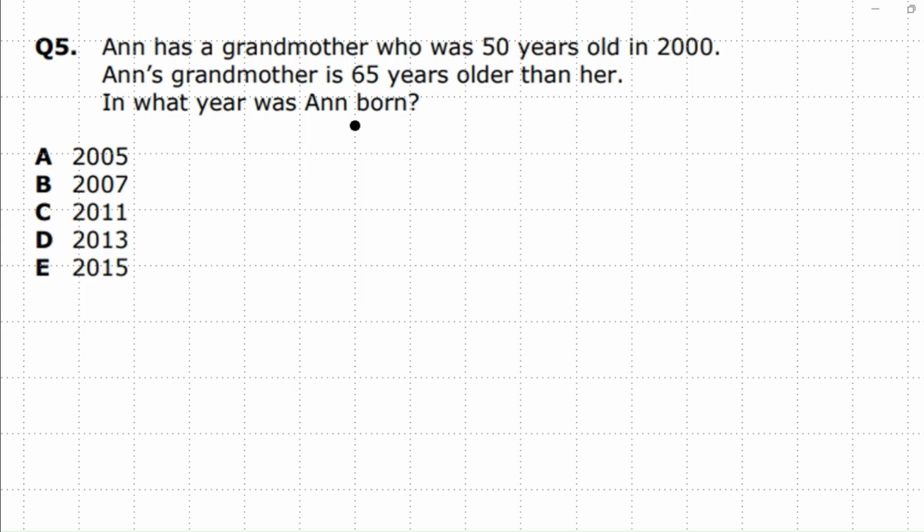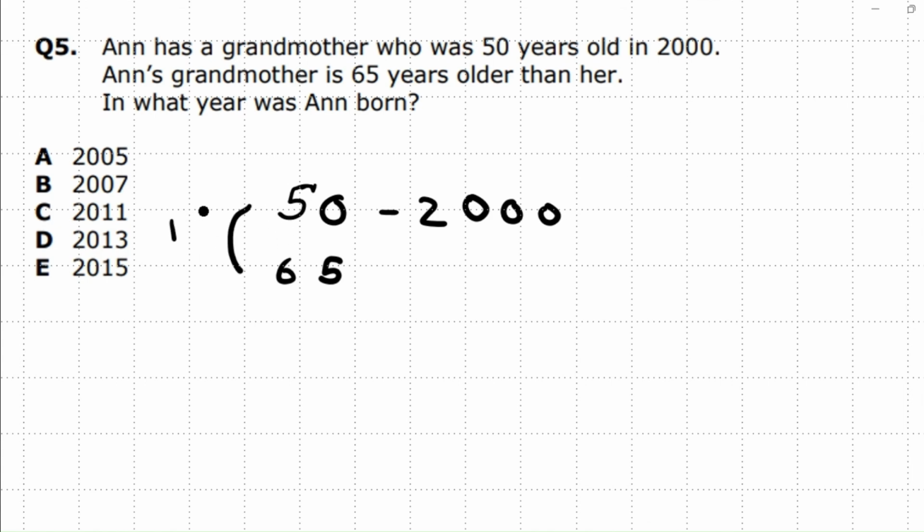And we know that our grandmother was 50 in 2000, and she was 65 when Anne was born. So we know 50 and 65 have a 15-year difference.